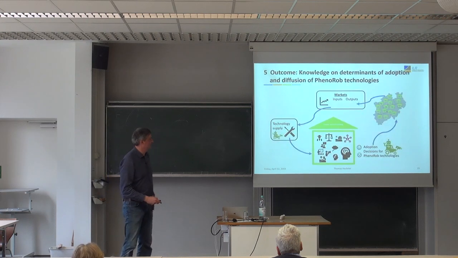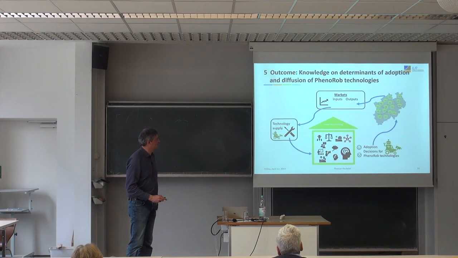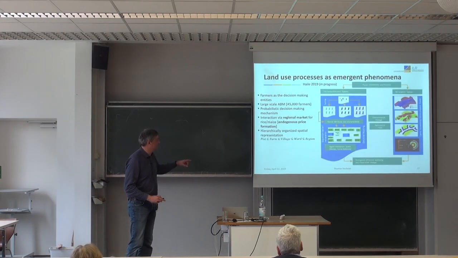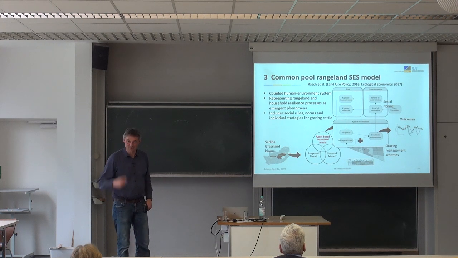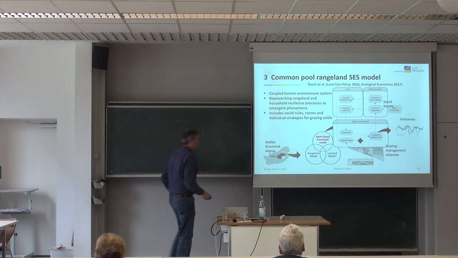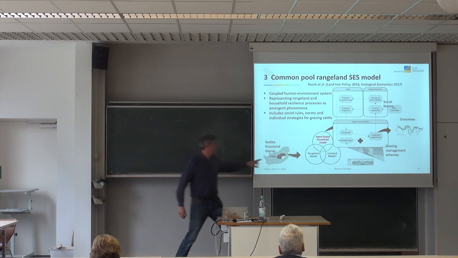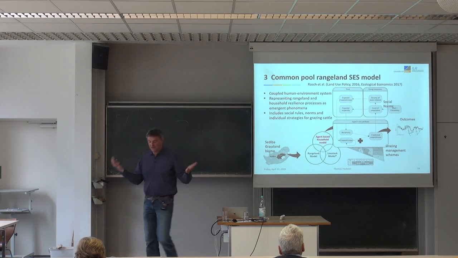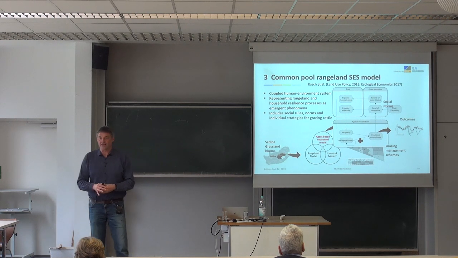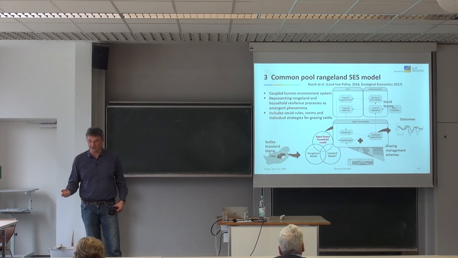Let me point out that what you refer to here is actually a study that was done in collaboration with Frank's group, where the vegetation, the rangeland model, was done by a PhD student of his. This model generates the feed quantity that is available at a certain point in time, and what the quality of that is.